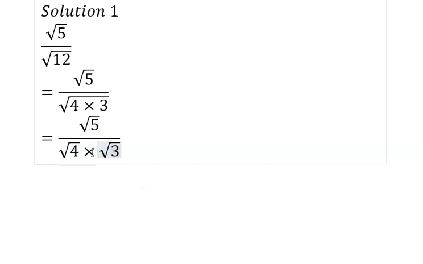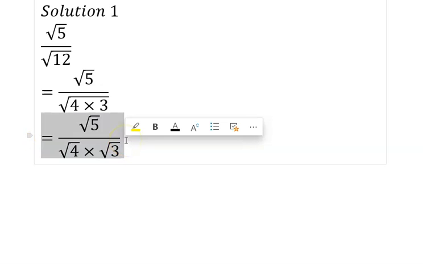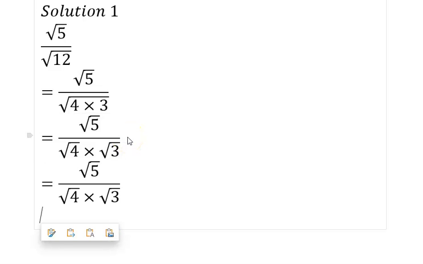Awesome. Because root 4 is a perfect square, it's going to give us what? 2. So we can simply say 2 root 3 down here.